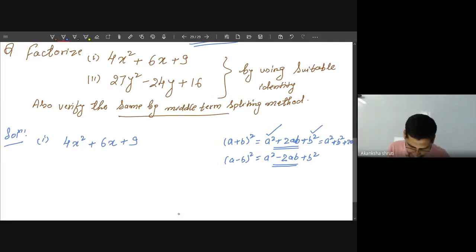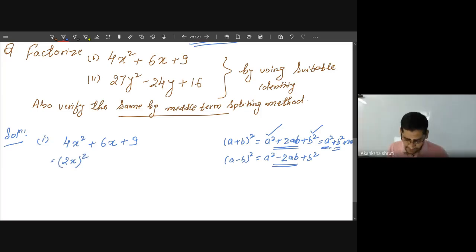So how to do that? Students, here the given question is 4x square plus 6x plus 9. First you try to convert to squares, because we need the two square terms and then the 2ab term. So 4x square can be written as (2x) whole square.